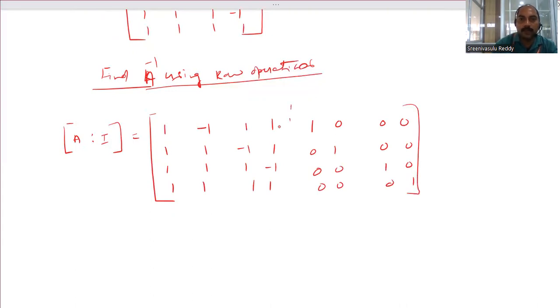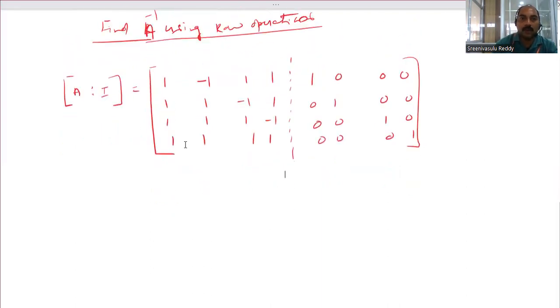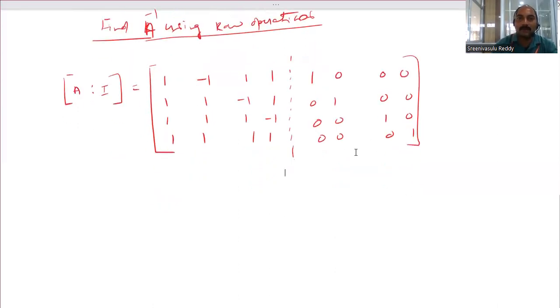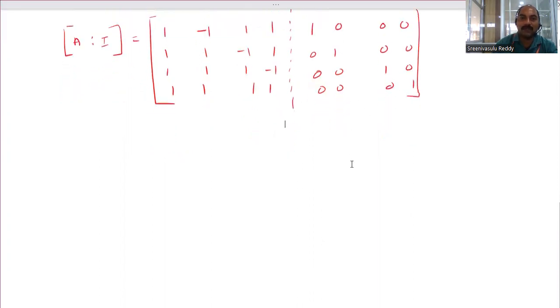If you have any confusion, write down the dotted line. Now apply the row operations to convert A into I. Then the right hand side part should be the A inverse. So by using row operations, convert the A portion into the identity matrix. The other portion gives some other matrix, which is nothing but A inverse.